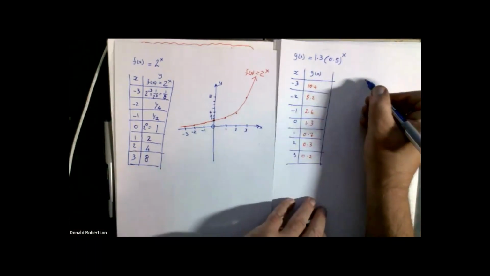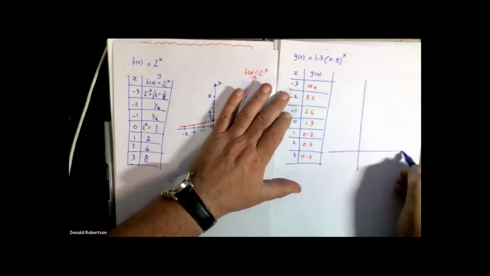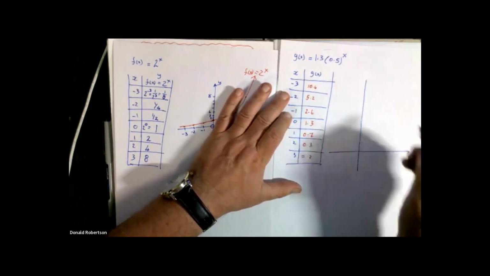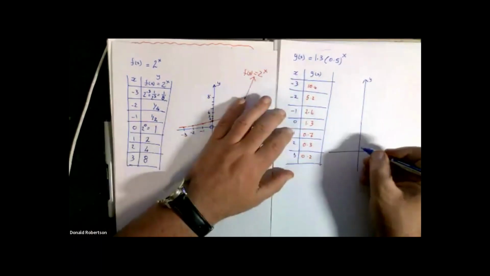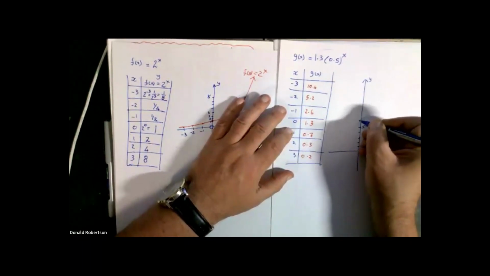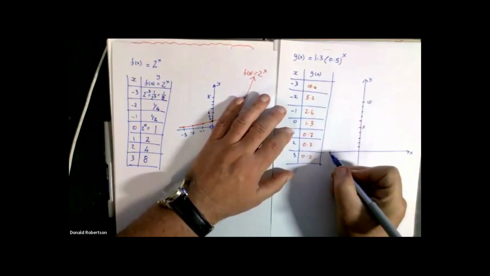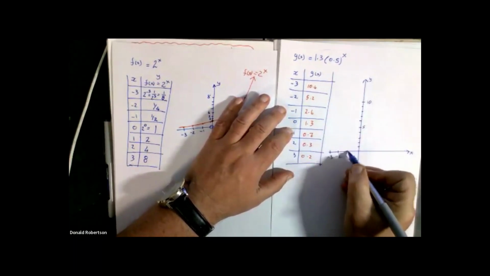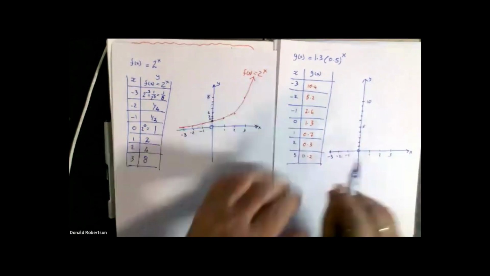So you imagine that we have square paper again. And it looks like the biggest number I need is 10. So 1, 2, 3, 4, 5, 6, 7, 8, 9, 10. Now, -3, -2, -1, 0, 1, 2, 3.